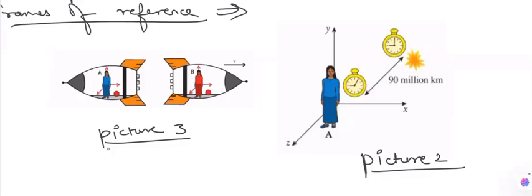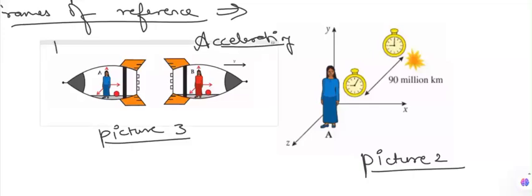This one is moving with velocity v, so it is accelerating, whereas this one is non-moving, so it will be non-accelerating. Correct or not? Yes, ma'am. Any doubts? No, ma'am.